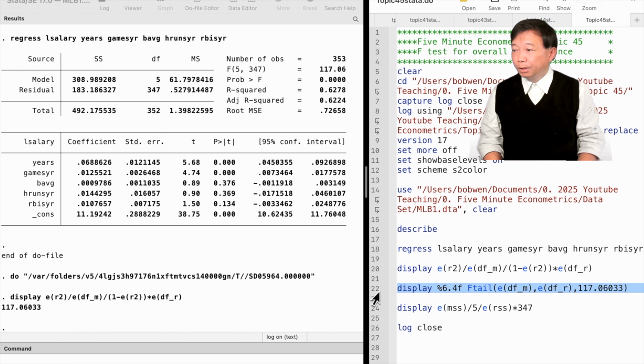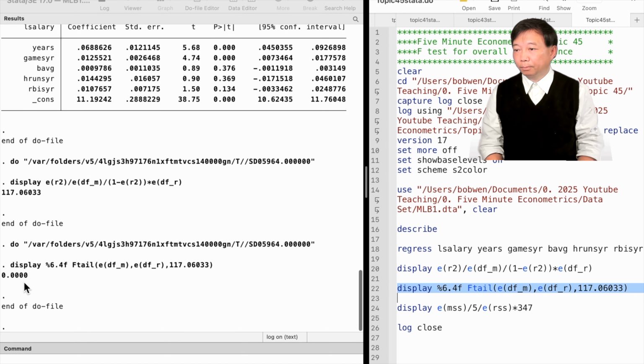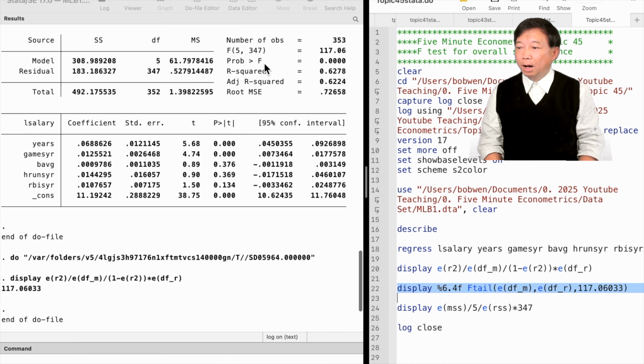Then we can use the f-tail function to find its p-value. The results are identical to those in the regression results window.